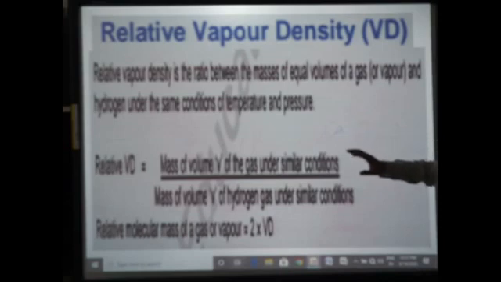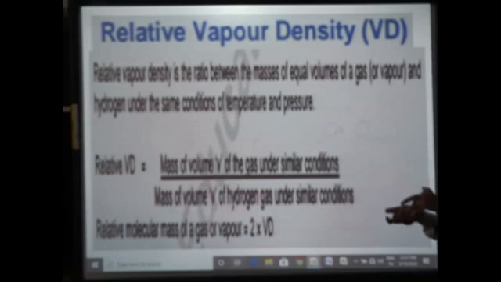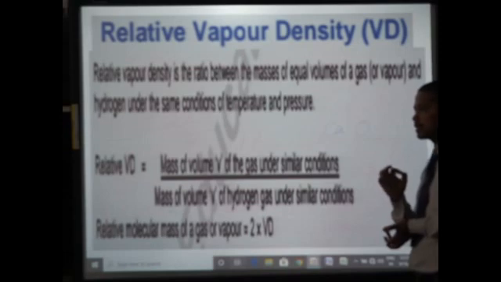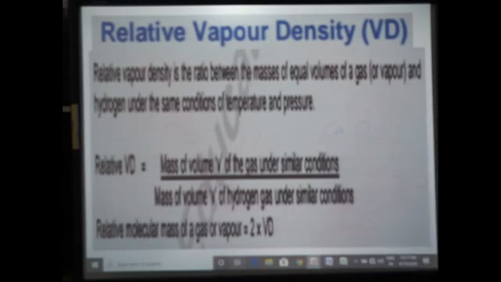Relative vapor density is the ratio of the mass of a volume of the gas to the mass of the same volume of hydrogen gas. That means the mass of a particular volume of gas divided by the mass of the same volume of hydrogen gas is called relative vapor density. So the mass of a volume of the gas under similar conditions divided by the mass of a volume of hydrogen gas under similar conditions.